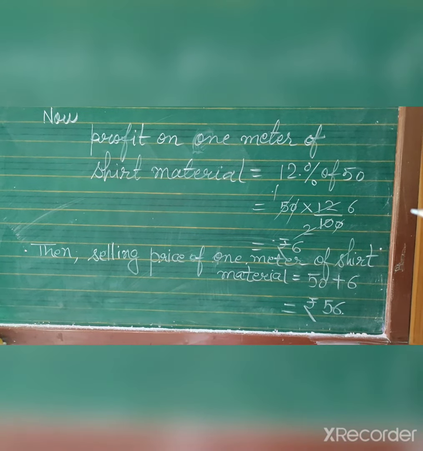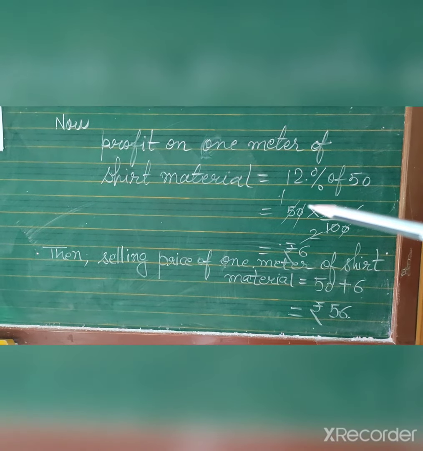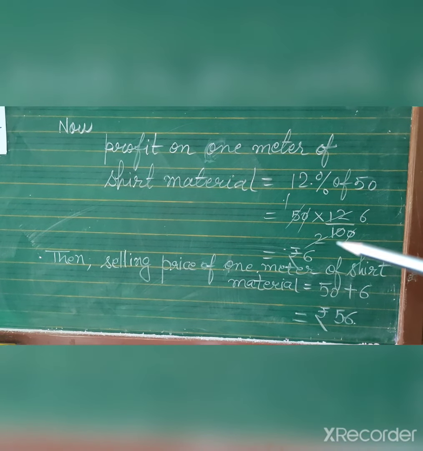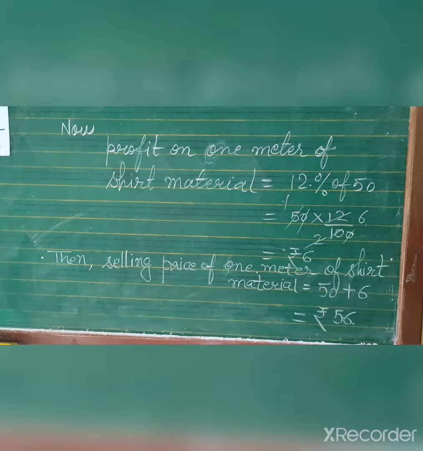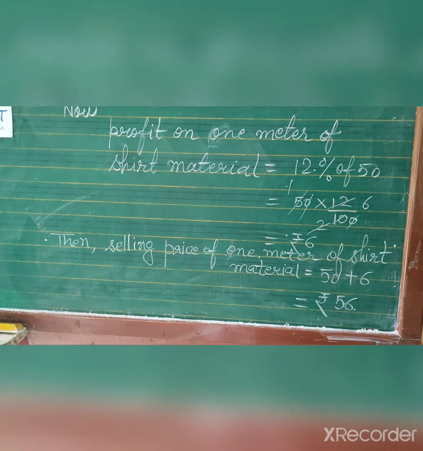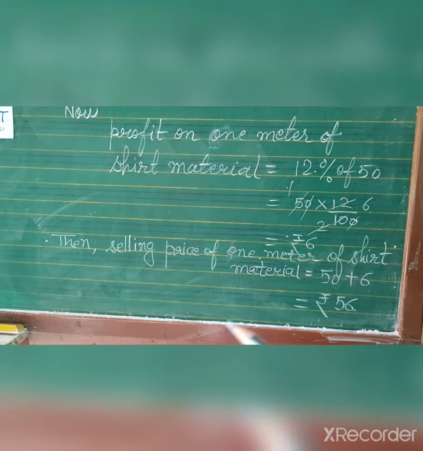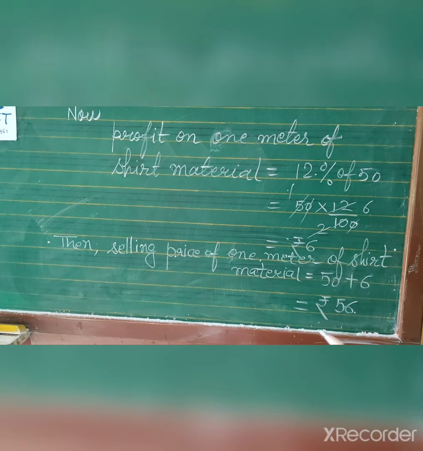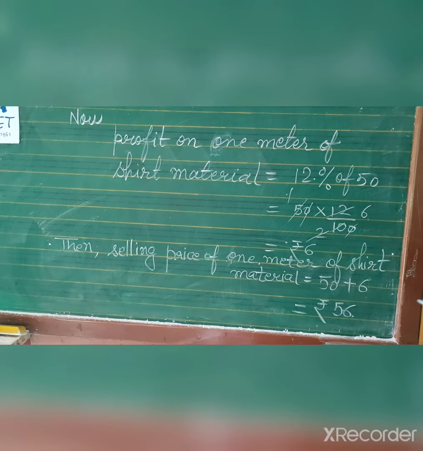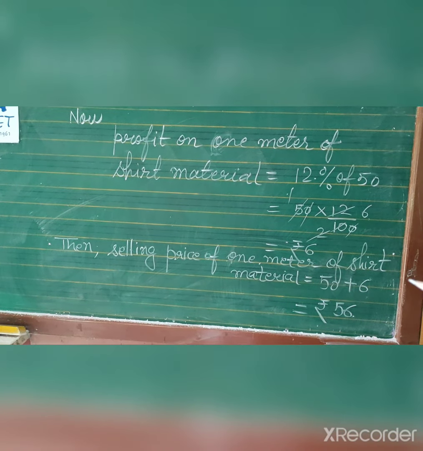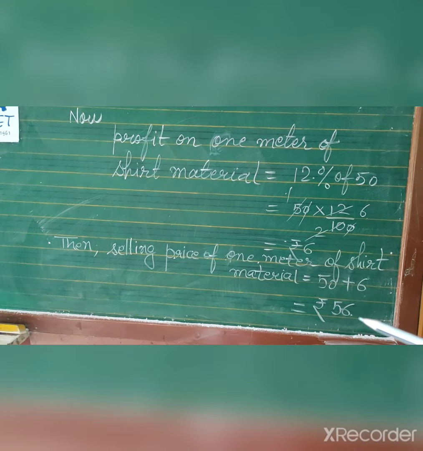So 50 into 12 upon 100, 0 cancels by 0, 5 ones are 5, 5 twos are 10, 2 ones are 2, 2 sixes are 12. So rupees 6 is the profit on 1 meter of shirt material. Then the selling price of 1 meter of shirt material will be CP plus profit. So CP is 50 and profit is 6. So rupees 56.